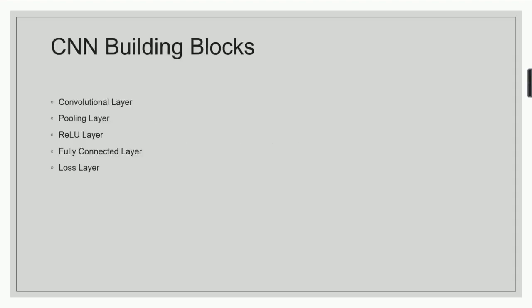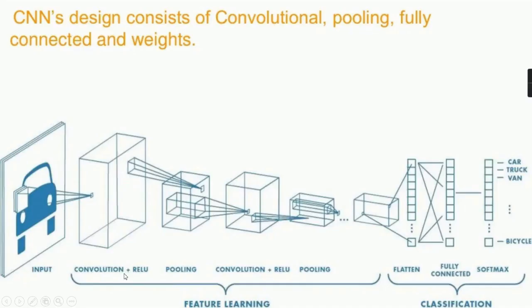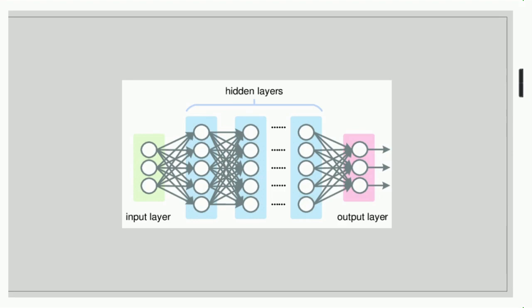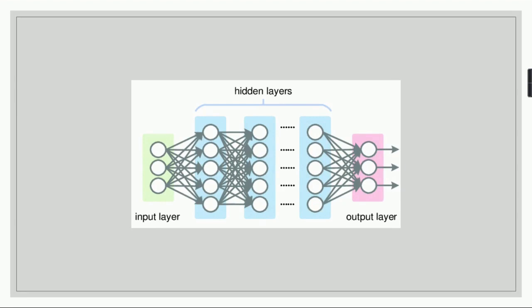CNN typically has five layers: convolutional layer, pooling layer, fully connected layer, loss layer, and ReLU layer. The CNN network has three types of layers: input layer, hidden layer, and output layer. First is the input layer. This layer will accept the data and pass it to the rest of the network. The second type of layer is called the hidden layer.